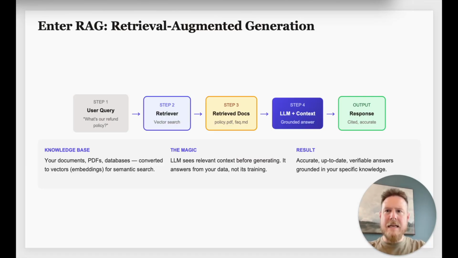And instead of sending that message directly to a large language model, we will first send it to a retriever. This will search through a vector database using semantic similarity, not just looking for keyword matches, but looking for contextual similarity. And then the retriever is going to find documents, or document chunks within a document, that are most relevant.